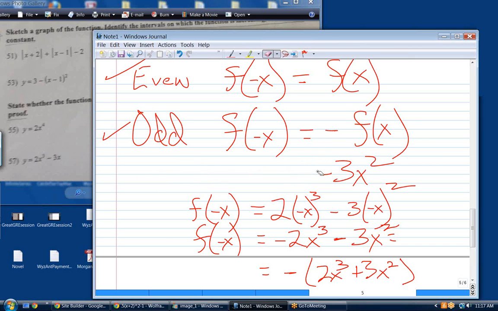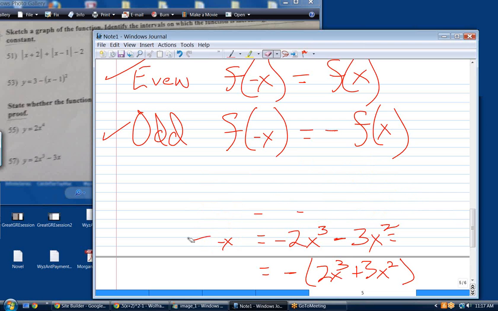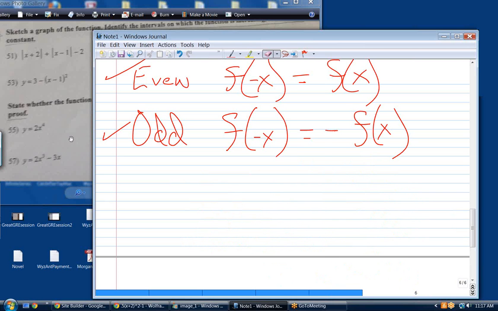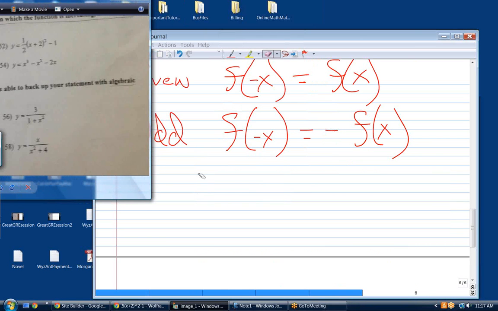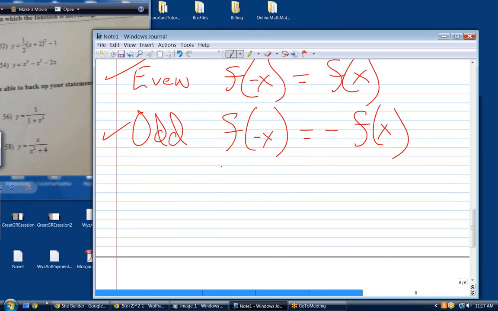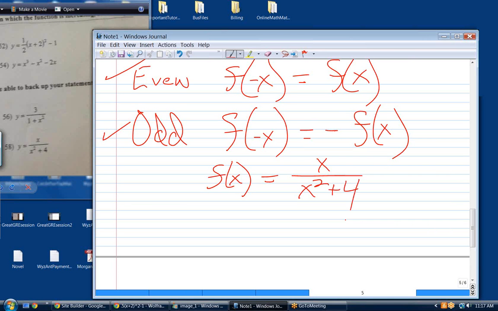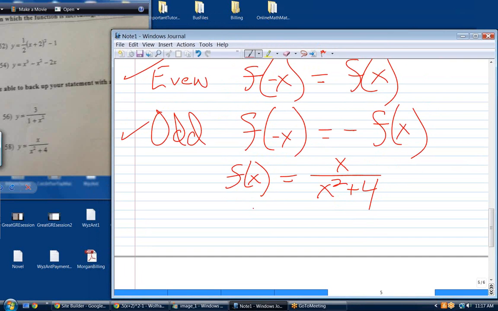Okay, all right. Let's see if they've given you one that's neither. And look at the last one here. Yeah, they have. f of x equals x over x squared plus 4. Take it from here. So it's negative x divided by negative x squared plus 4.